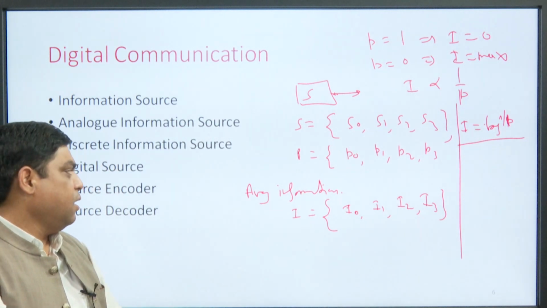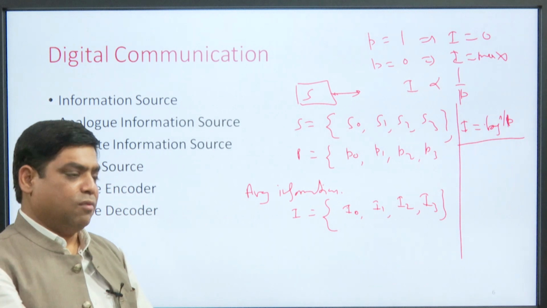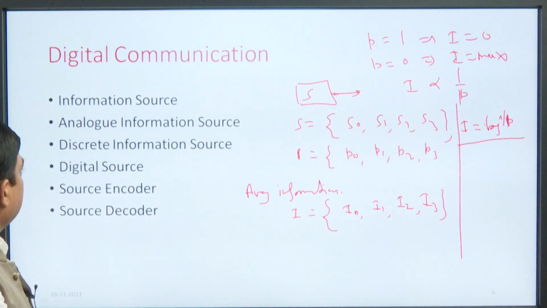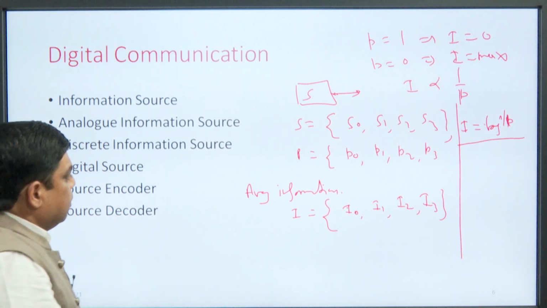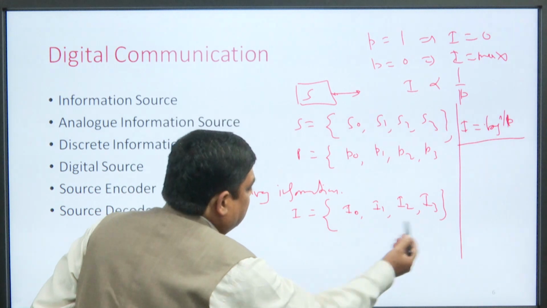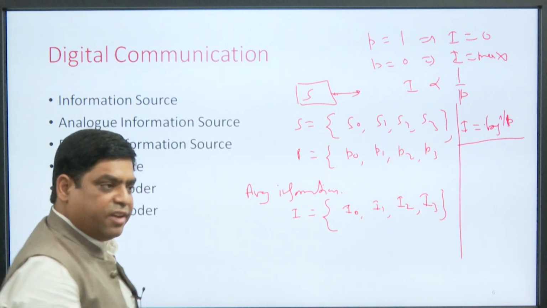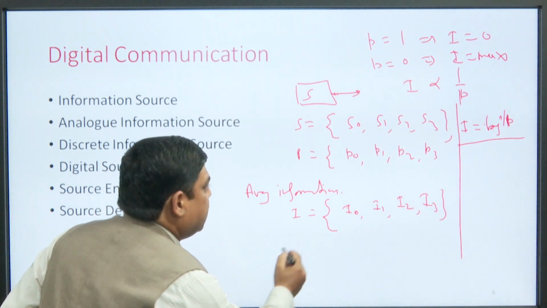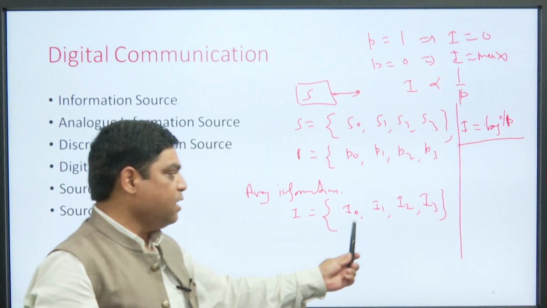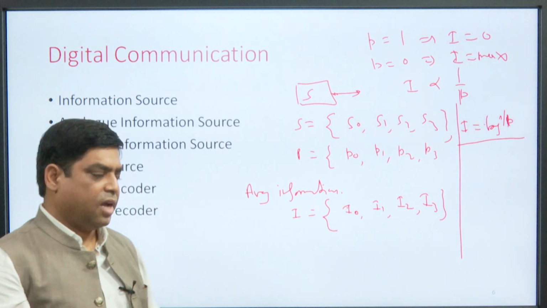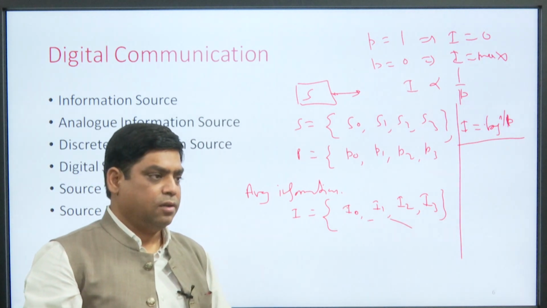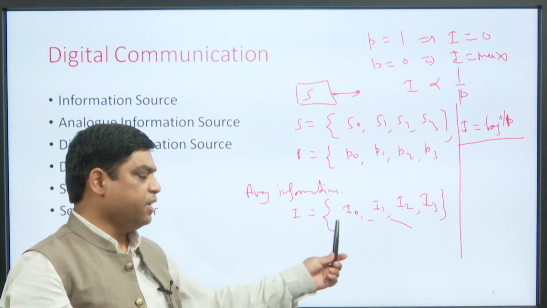In this way information can be calculated at the source, and we can take its average value also. How can we find its average value?